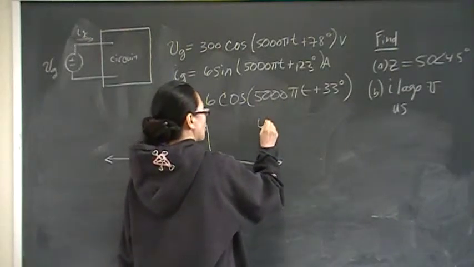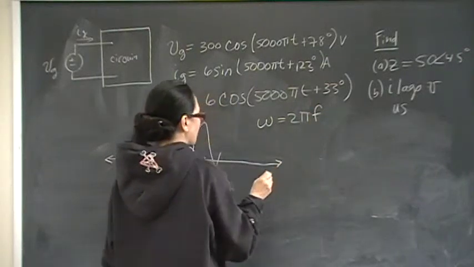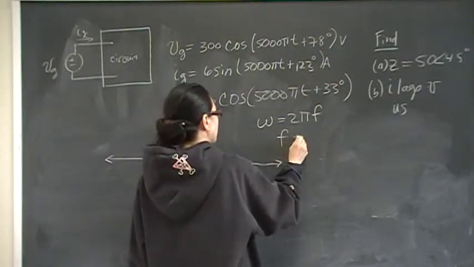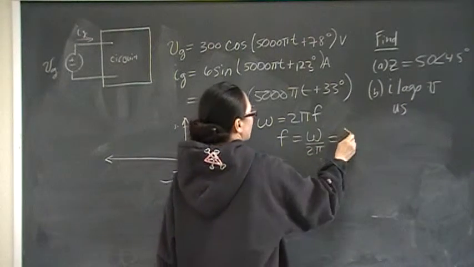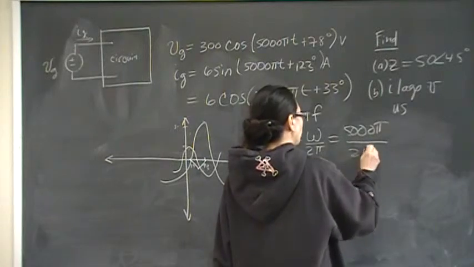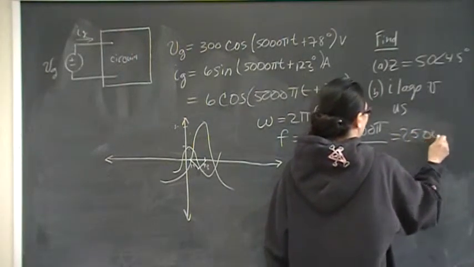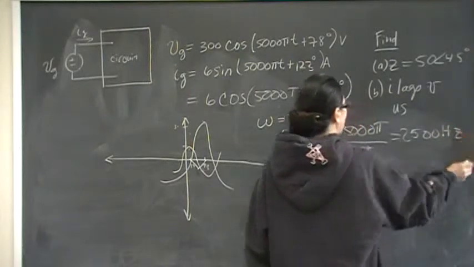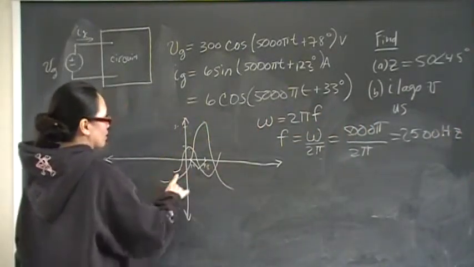Remember that omega is equal to 2 pi times frequency. So frequency is omega over 2 pi, which gives us 5,000 pi divided by 2 pi, which is 2,500 hertz. That means in 1 second we're going to see 2,500 of these cycles.